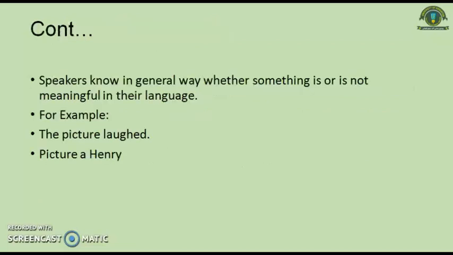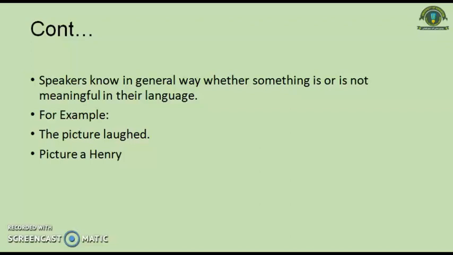If speakers have knowledge of the semantic system of their language, then they can understand whether a sentence is meaningful or meaningless. Here two examples are given. One is "the picture laughed." The question here is whether a picture can laugh. So this is contradictory.